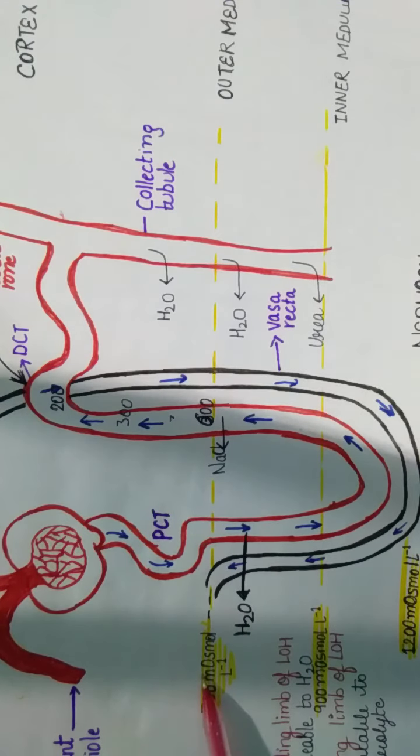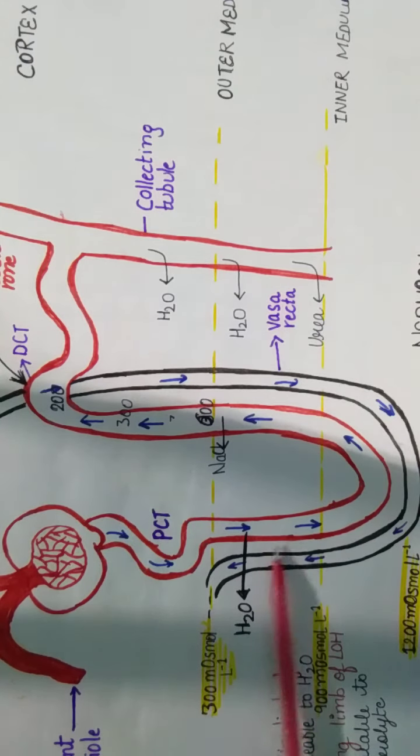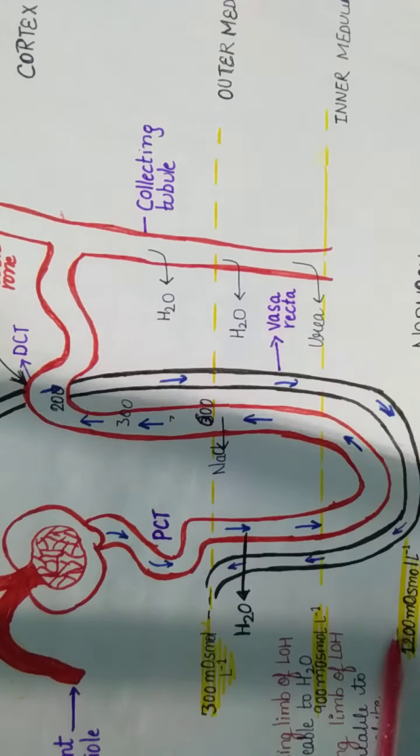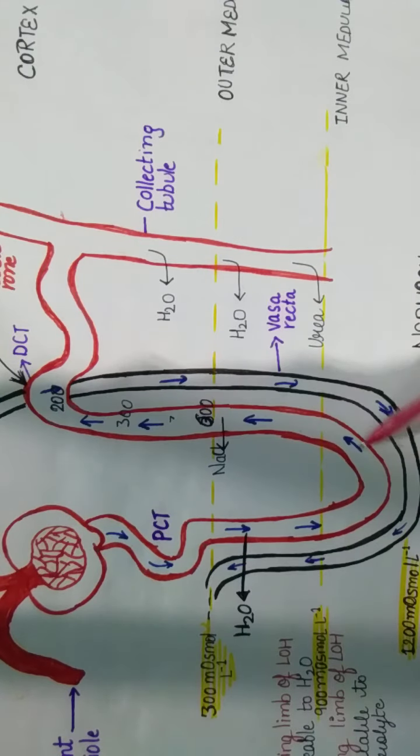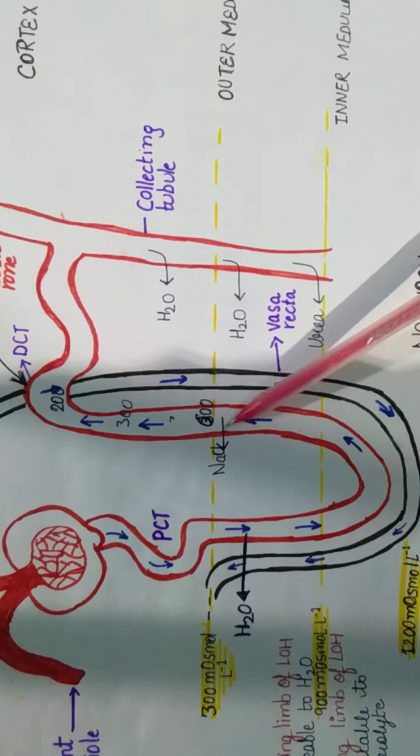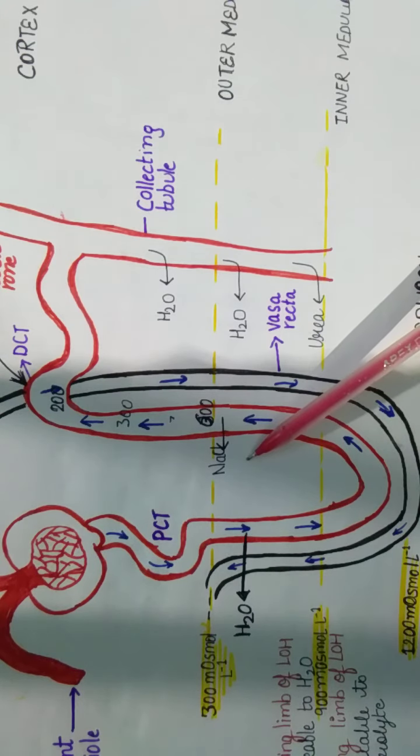Initially the concentration was 300 milliosmol per liter, then by the end of the descending limb, it becomes 1200 milliosmol per liter. So concentration gets increased. Now as the filtrate moves upward through the ascending limb, reabsorption of electrolytes takes place.